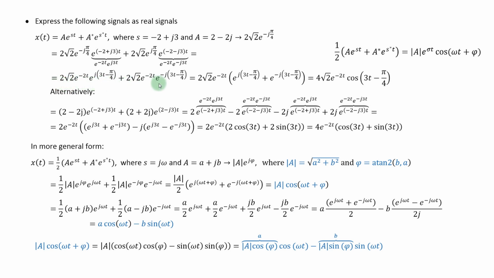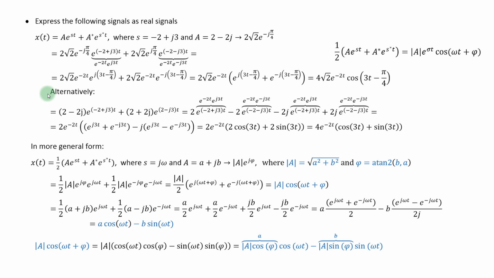And in this expression, you can collect 2 times square root of 2 times e to the minus t. When you do that, you will get this. Here, you can identify that the expression in the bracket is actually 2 times cosine of this argument. Consequently, the final result will be this.